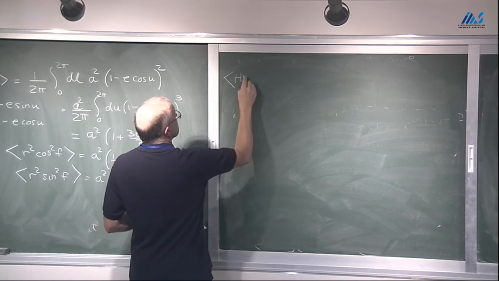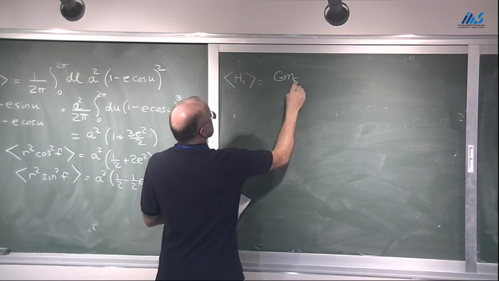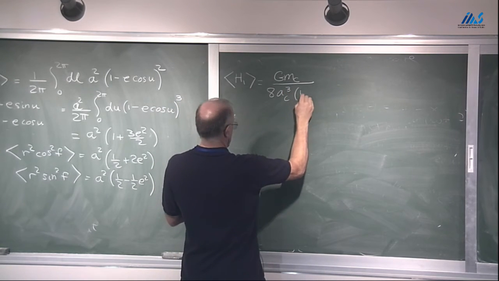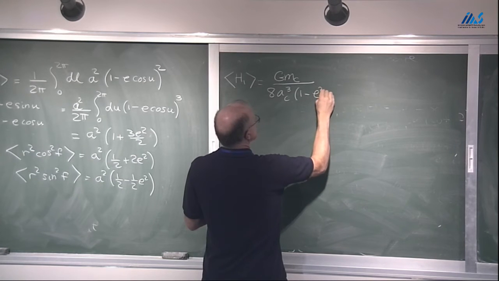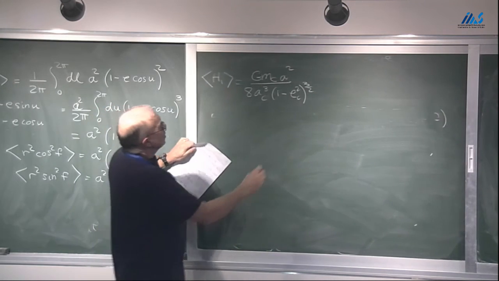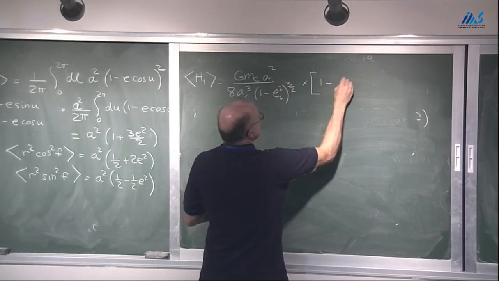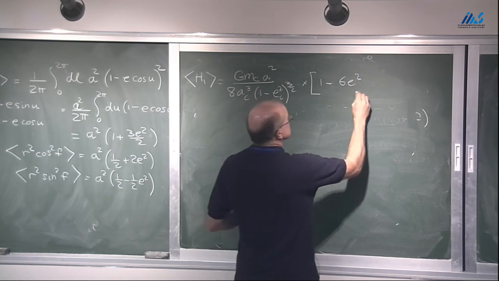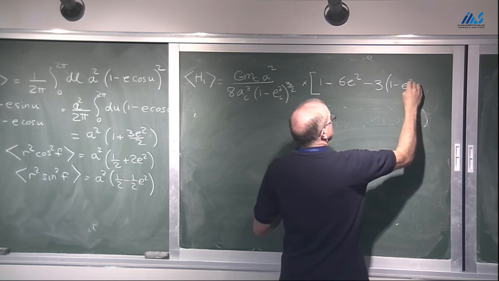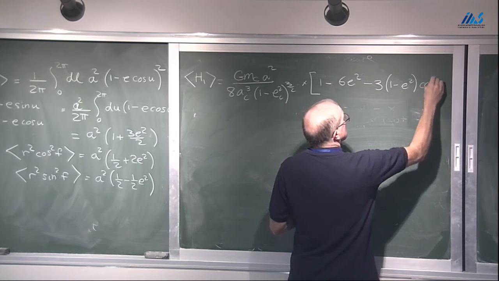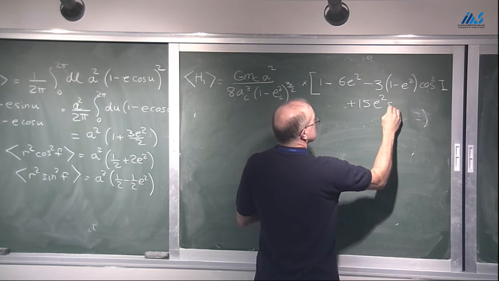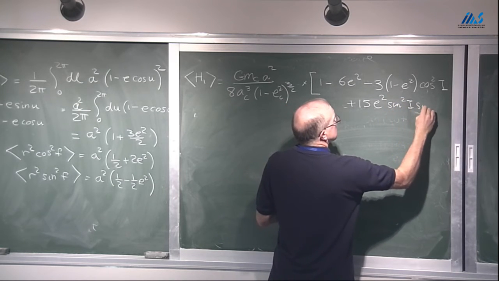So the secular Hamiltonian is G times the mass of the companion over 8 times the semi-major axis of the companion cubed, 1 minus the eccentricity squared to the 3/2, times the semi-major axis squared, times 1 minus 6 times the square of the eccentricity minus 3 (1 minus e squared) cos squared of the inclination plus 15 e squared sine squared I sine squared omega.